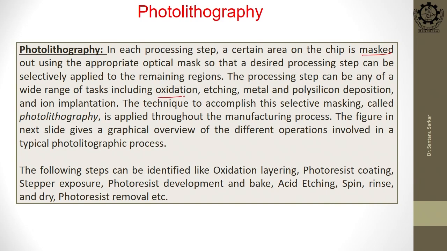It includes oxidation, etching, deposition, ion implantation, different steps which help us form the different structures. Okay. This technique to accomplish selective masking is called photolithography. Different steps like oxidation, photoresist coating, acid etching, spin, rinse, dry, photoresist removal, etc. will be the different steps.